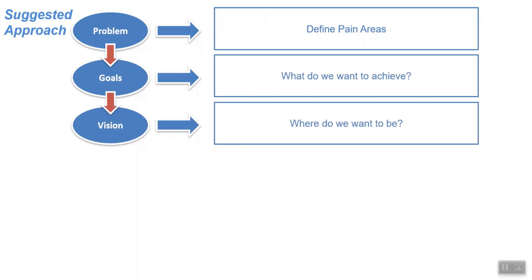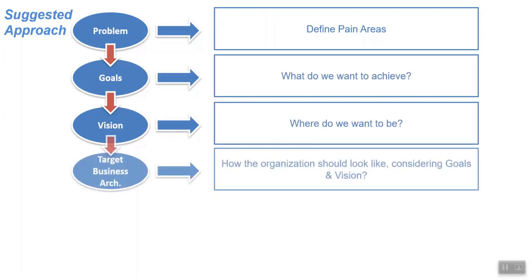Then defining the vision, where we want to be in the next couple of years or in the next 5 years. Then defining the target business architecture based on the future goals. So for example, if one of the future goals is to have strong online digital marketing, definitely a team has to be created for that. So this is a change in the business architecture that has to be defined and planned.